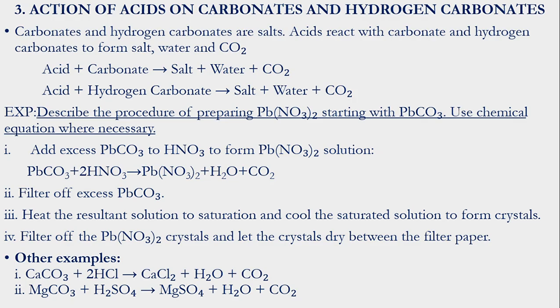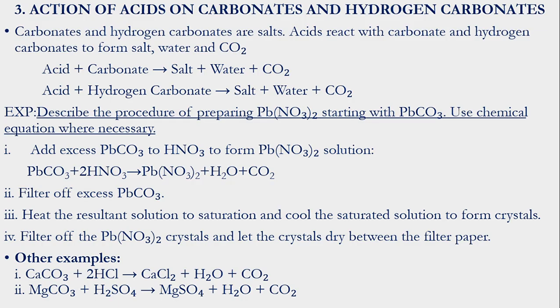We look at method number 3. Method number 3 involves the reaction between acids and carbonates and hydrogen carbonates. So this one is also another property of acids. So acids react with carbonates and hydrogen carbonates to give 3 products: salts, water, and carbon dioxide.